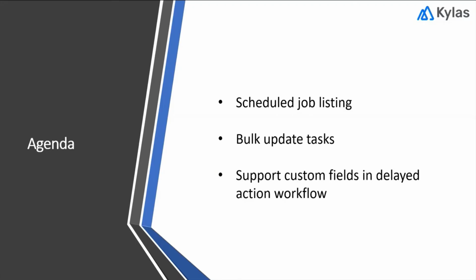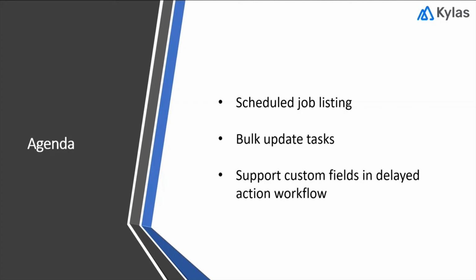Today we have seen how the job listing will look and what information it includes. Then we have seen how we can utilize the custom field in a delayed action workflow, which is going to help different businesses based on their business type, and how they will include the custom field which will suit their lead, deal, and even contact and company.